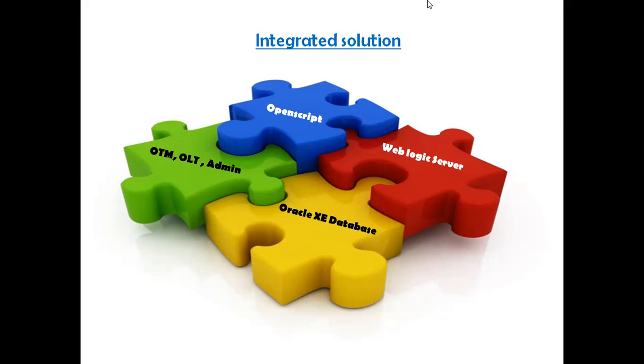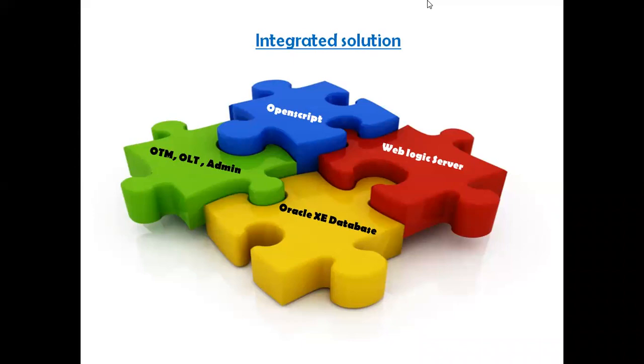Once we install Oracle Application Testing Suite on our machine, we get all these different products which are on screen right now. You get an integrated solution with all these products along with OpenScript, which is the scripting platform on which we are going to create our automation scripts. We get a WebLogic server and the Oracle XE database.